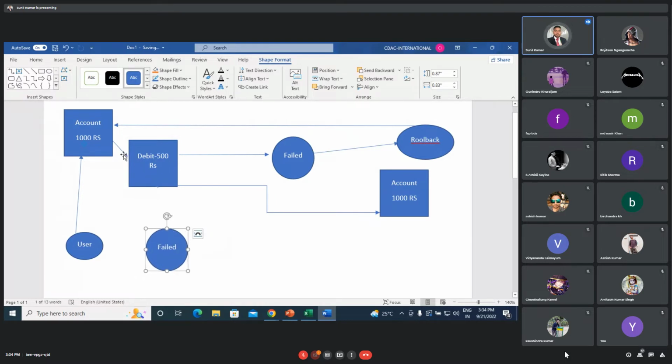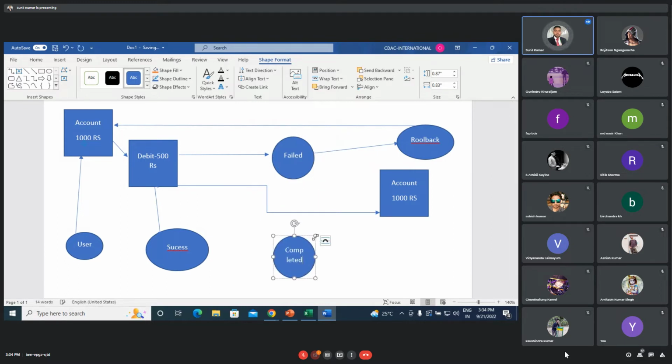Suppose the operation is successful, that means the payment has been received by you. So now what will happen? Data should be committed now, right? If it is a success, it means the operation is completed.